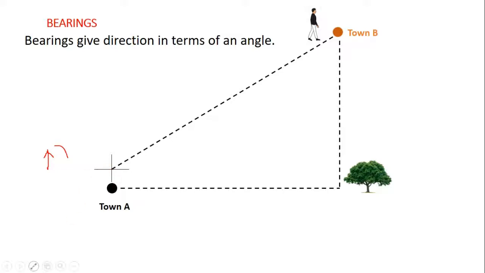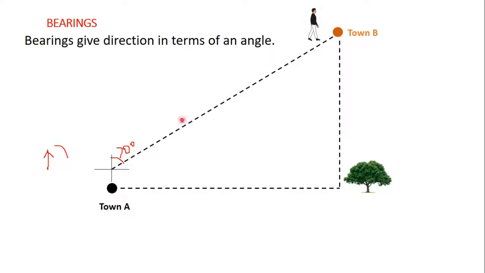So in this case, the angle that will be created here, the one we assumed as 70 degrees, is called the bearing of town B from town A. So the angle that is used to give the direction is what we refer to as the bearing.